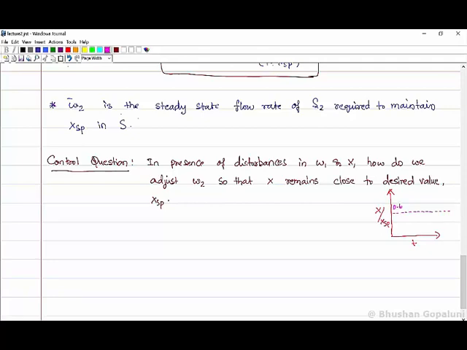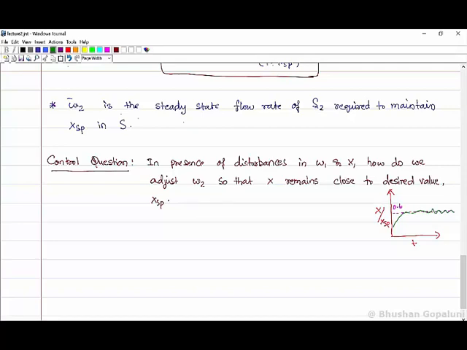The answer obviously is no. So we have to do something different. So what is it that we can do if W1 and X1 are changing and they don't remain at their nominal values? Now here on the right hand side you see a graph between time versus the concentration X or the set point.